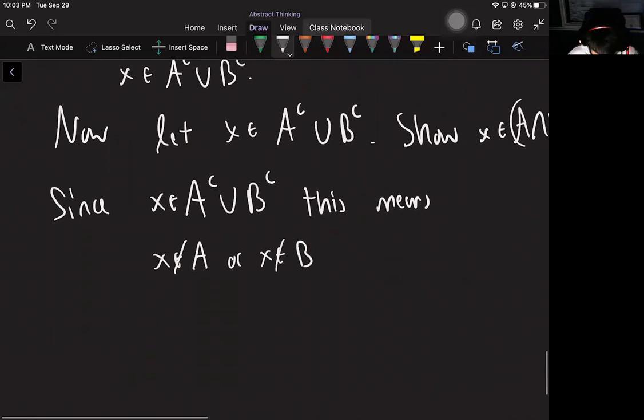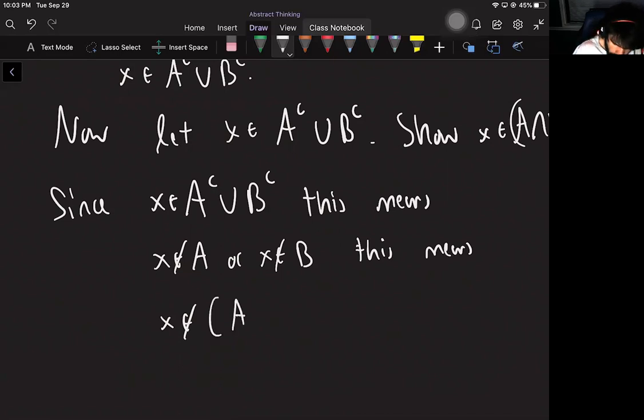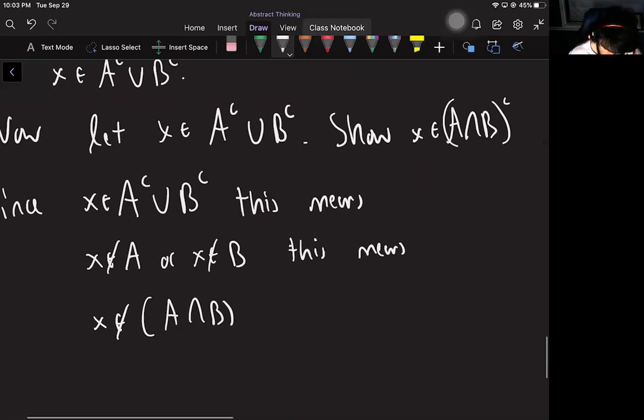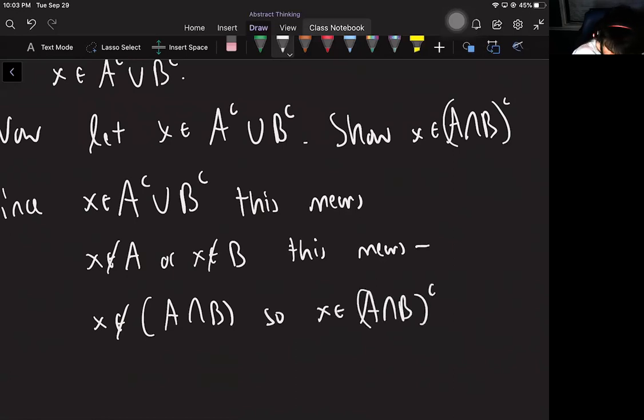And this means that X is not in, so I'm just taking out that negation, A and B. So it's in the complement of A and B. I guess I'm sort of skipping a step here.